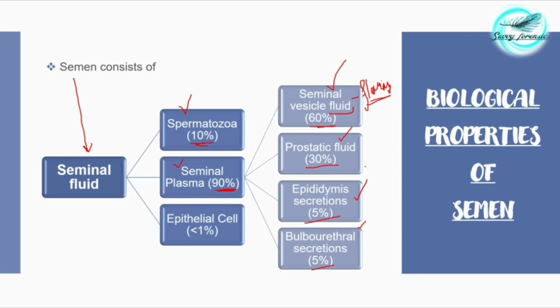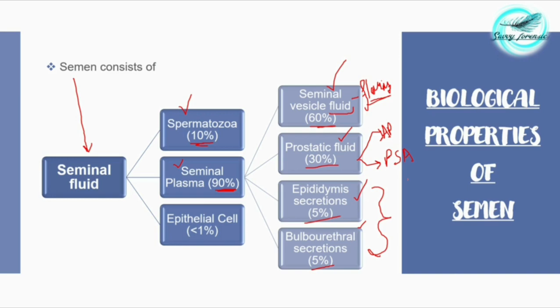Further, the prostatic fluid consists of the enzyme acid phosphatase, which is very important for the identification of semen, as well as the prostate specific antigen. We'll be learning all this in detail. I'm just telling you for a brief count so that you get familiar with these terms. The epididymis and the bulbourethral secretions also constitute 5% of the total seminal plasma.